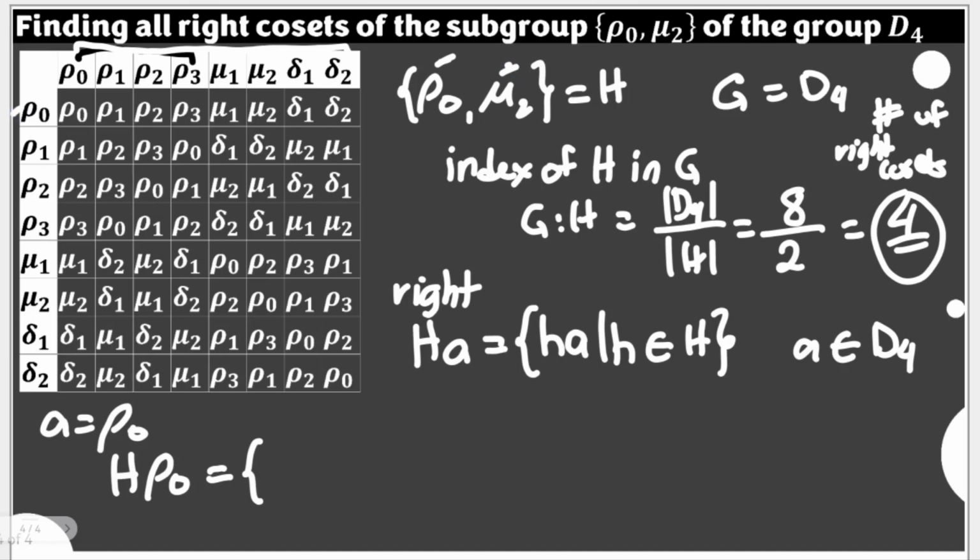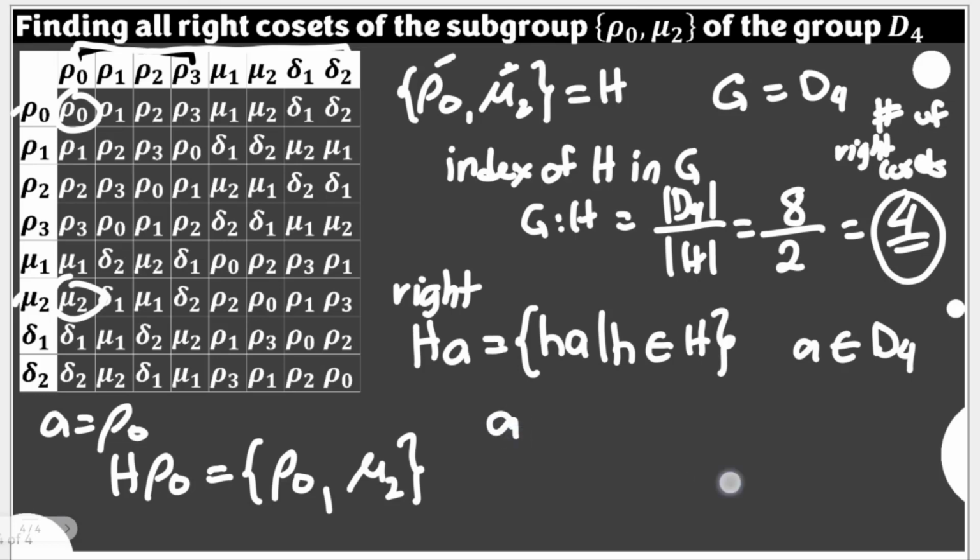Rho sub 0 times rho sub 0, the result is rho sub 0. Then mu sub 2, because we start with H here, mu sub 2 times rho sub 0, the answer is mu sub 2. So it's just the same as H, but this is already our first right coset. That's the first result.